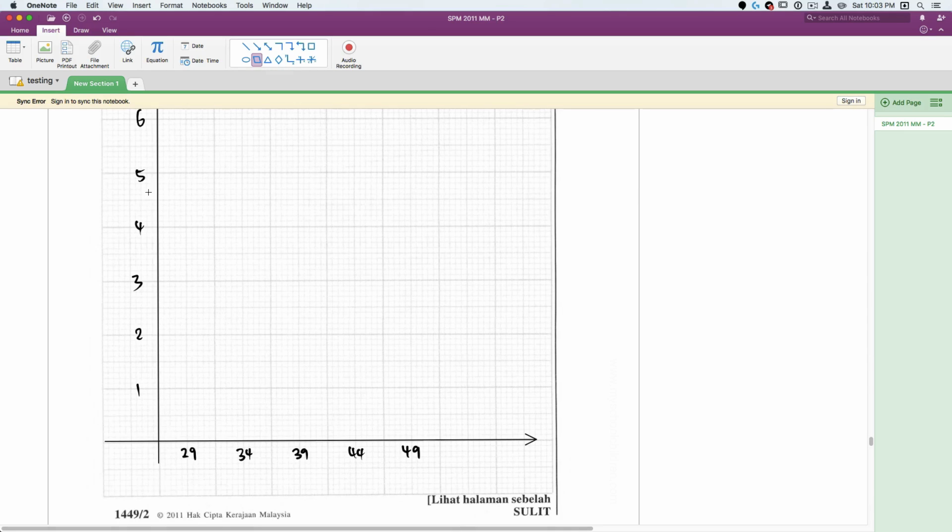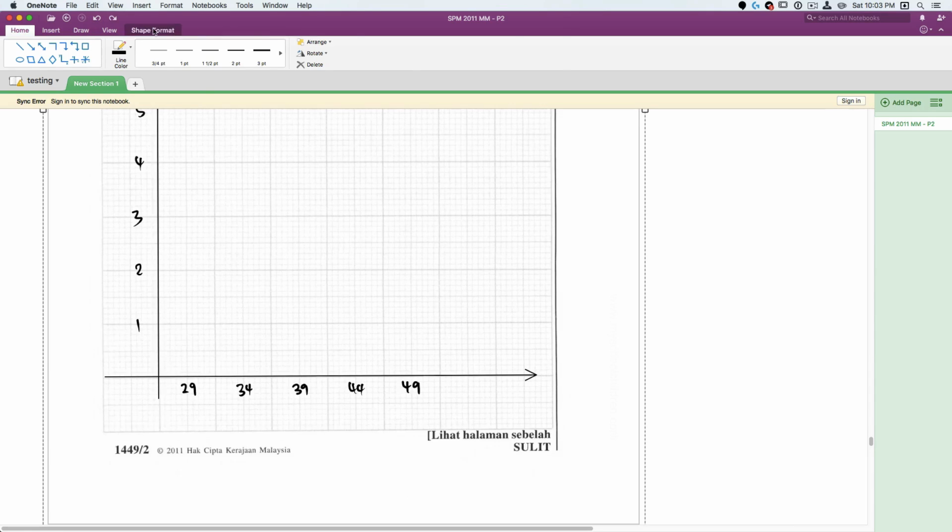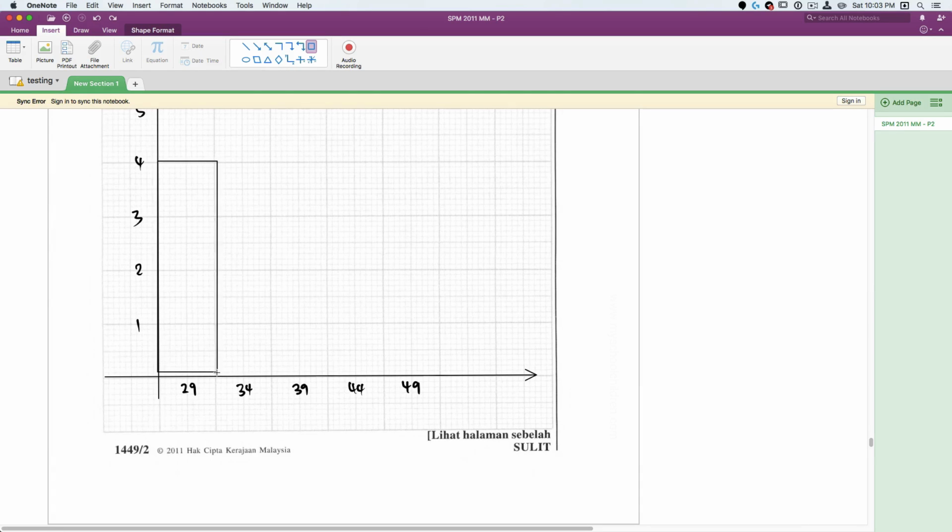Can I do a rectangle? No, this is not a rectangle. Let me just undo it. Okay, I will need to insert a rectangle. Yeah, it's easier, rectangle. 4.